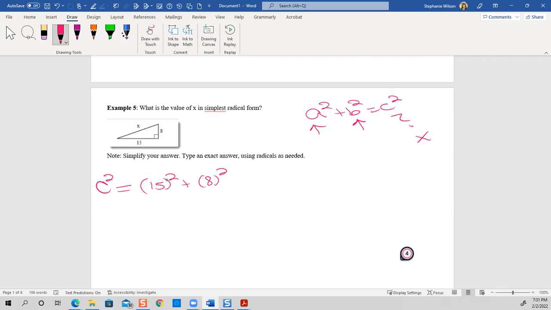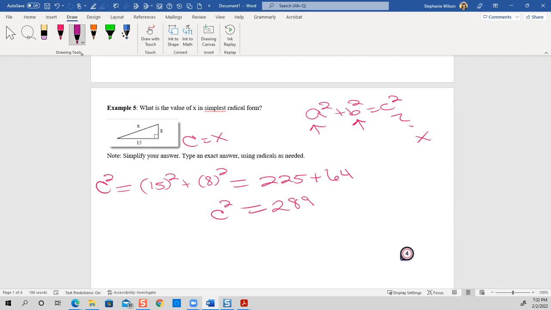Now 15 squared is 225, plus 8 squared, well, that's 64. Then we add these two together: 225 plus 64 gives me 289, and that is c squared. But that didn't answer my question. Even though I know that c is equal to x, we got c squared.